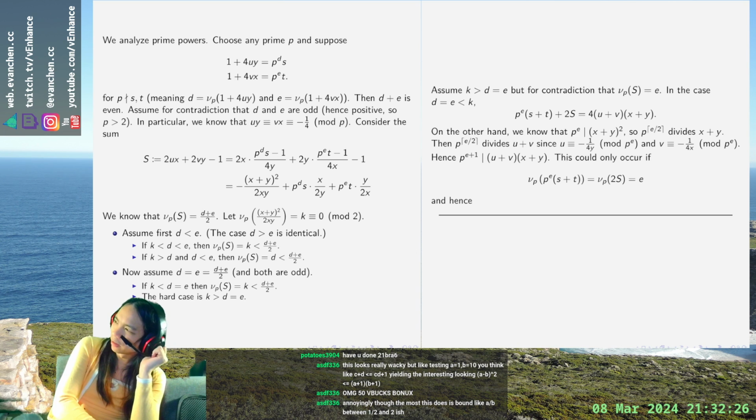So like x and y are negatives, and then u and v are also negative. U and V are also negatives.